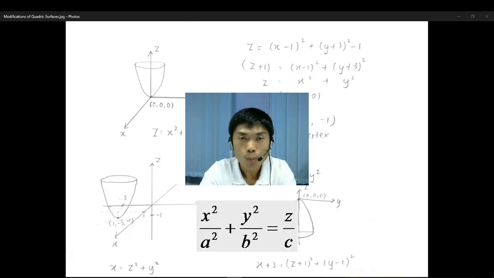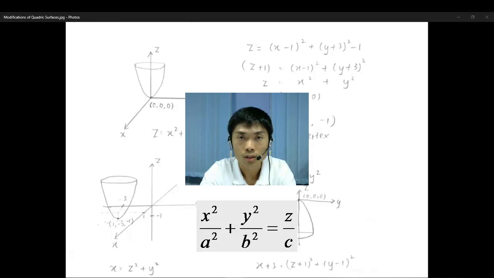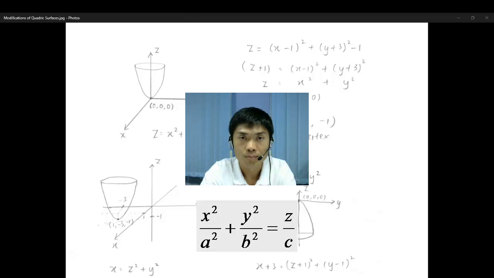So it is almost impossible for us to sketch it out by hand, and that's why I'm going to skip this part. If you have forgotten how the values of a and b, the coefficients in front of x square and y square, will affect the shape of the quadric surfaces, try to watch back the video that I prepared for you in the previous lesson, or explore the interactive gallery.